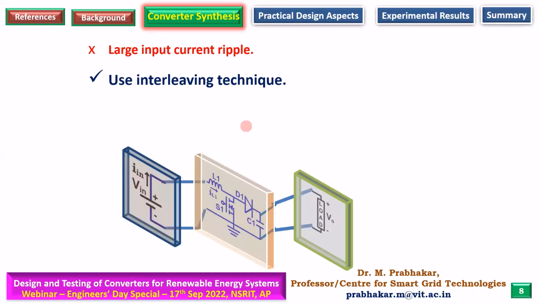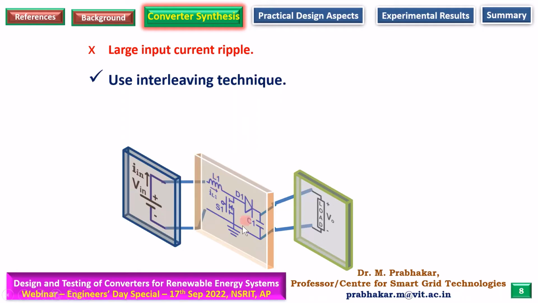So we have an input source, and then we have a load. In between, we have a boost converter. If you imagine this boost converter to be the intermediate, the sauce or the cheese as a brick, then you can have many layers of that classical boost converter.